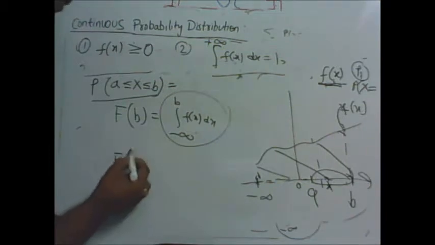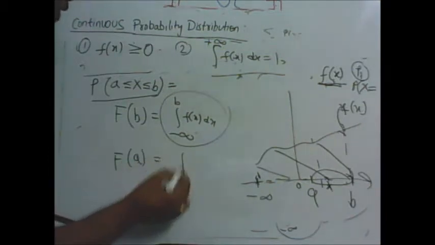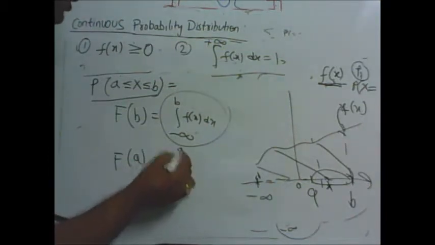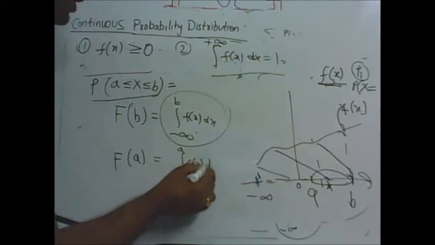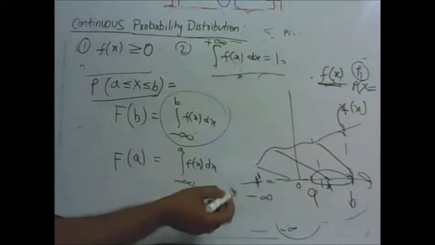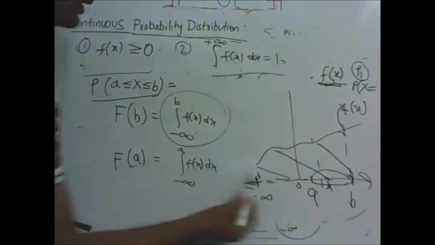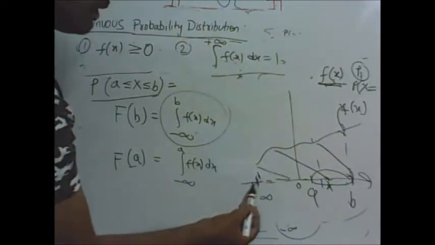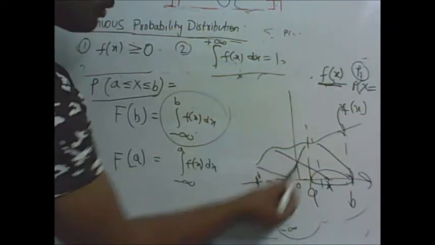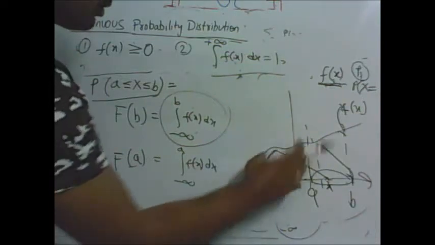Now F of a is equal to the integral from minus infinity to a of f of x dx. This is the area only up to a, this part.